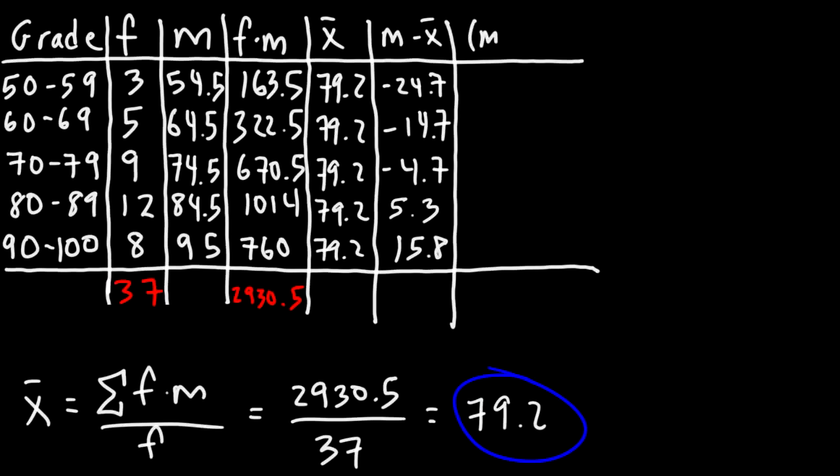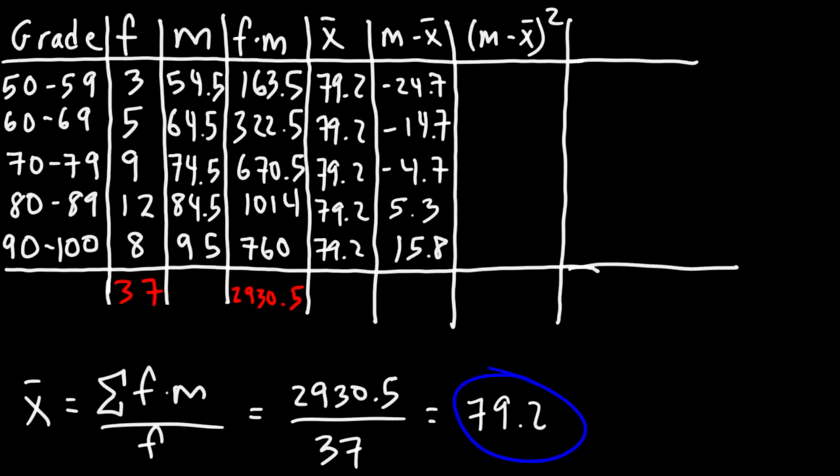For the next column, we're simply going to square the previous column. So basically, we're going to take negative 24.7 and square it. So it's going to turn into a positive value. It's going to be 610.09. 14.7 squared, that's going to be 216.09.